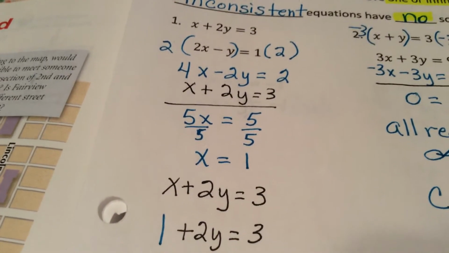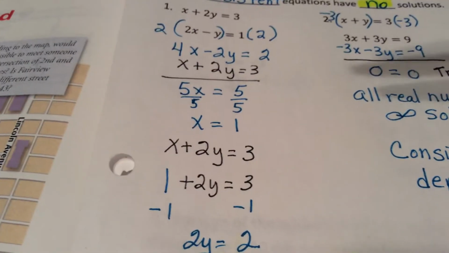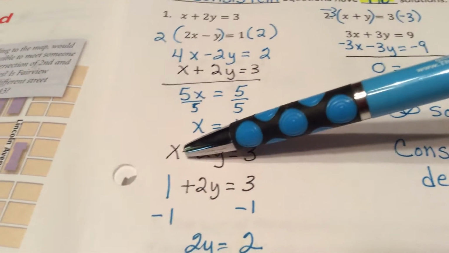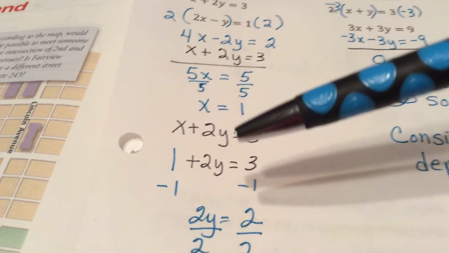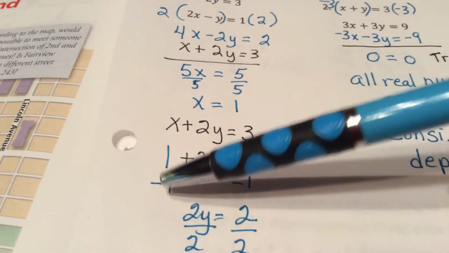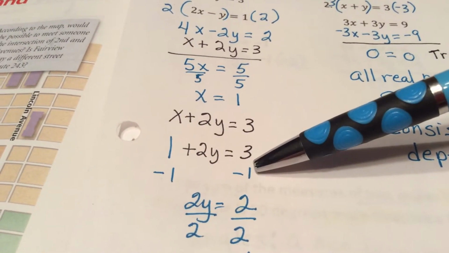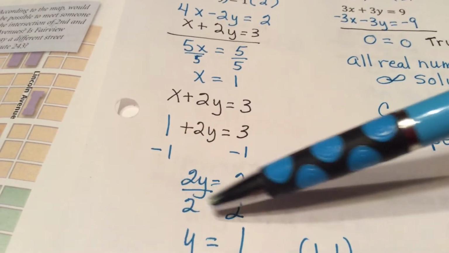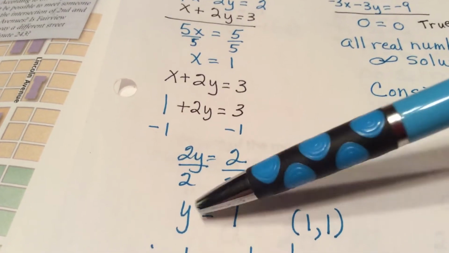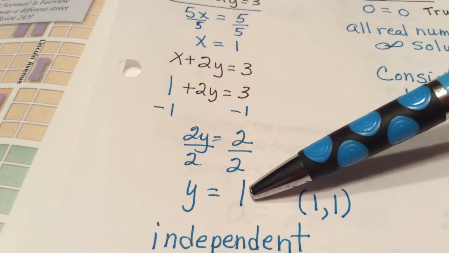We are going to take that 1 for x and put it back up here in our equation. So we put the 1 in for the x, and to solve for y, we subtract the 1. We get 2y equals 2. To solve for y, we divide by 2. We get y equals 1.